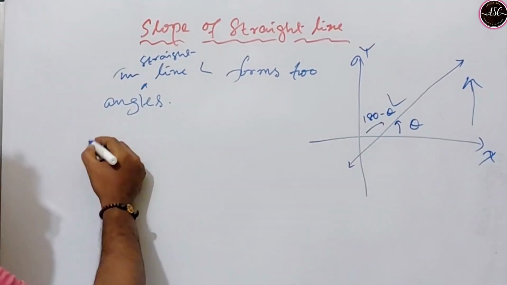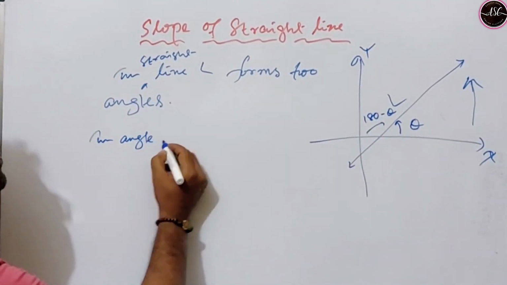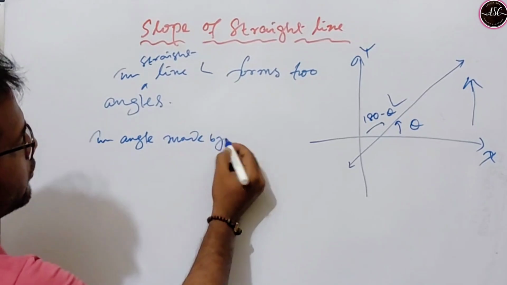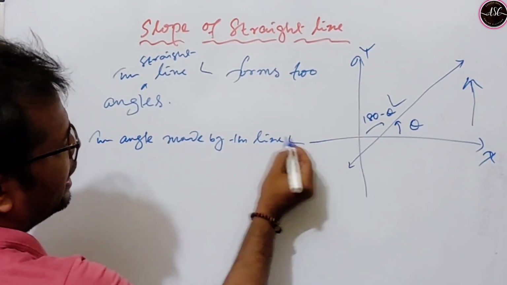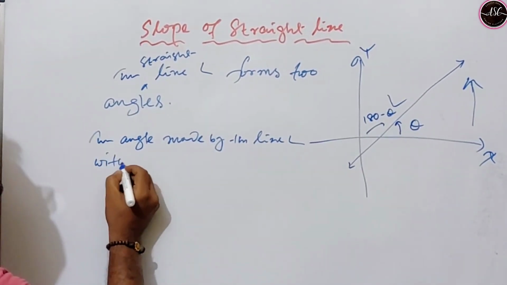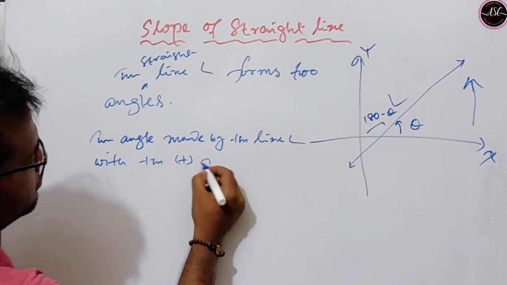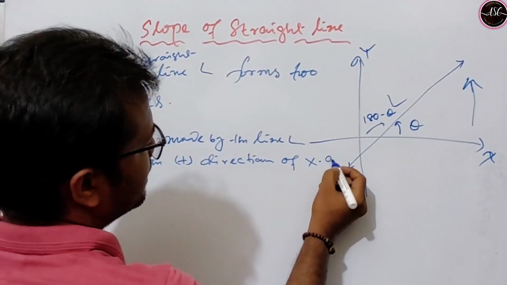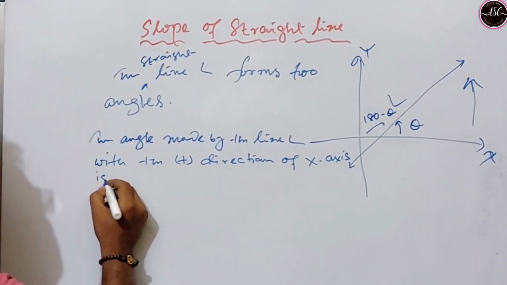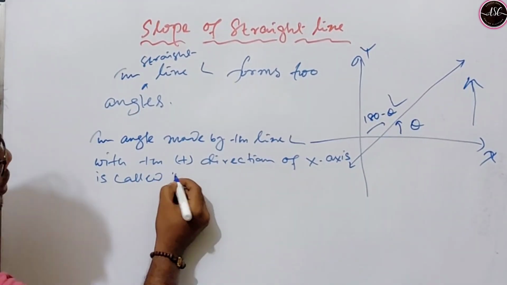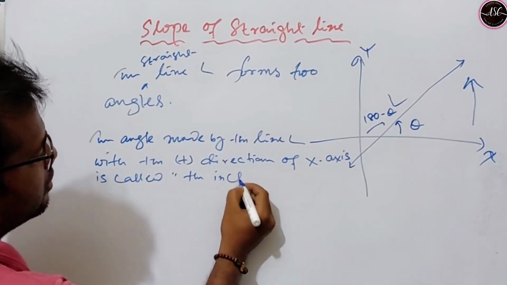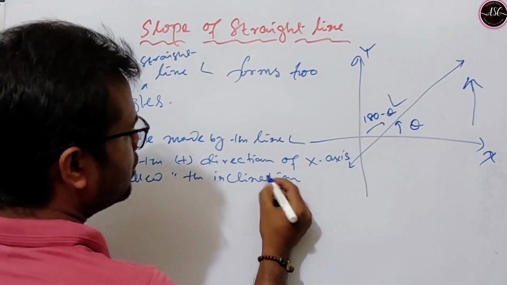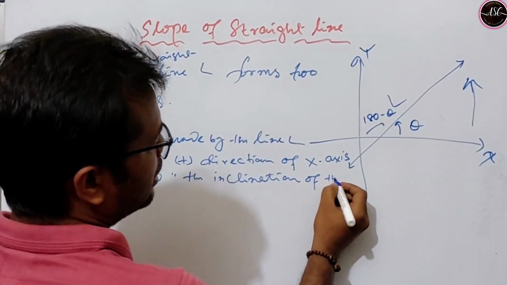So the angle made by the line L with the positive direction of x axis is called the inclination of the line.